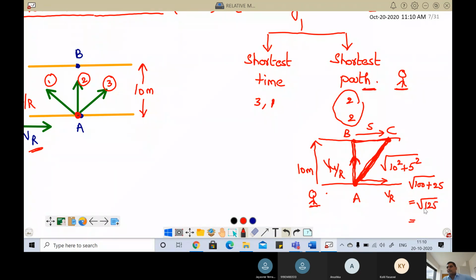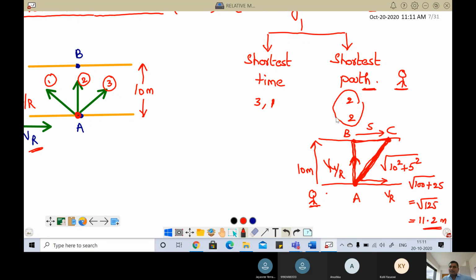That is 25 times 5, so 5 root 5. Root 100 is 10, so it will be greater than 10. Root 121 is 11, so about 11.2 meters, let us say.